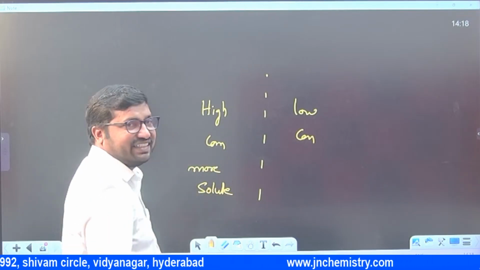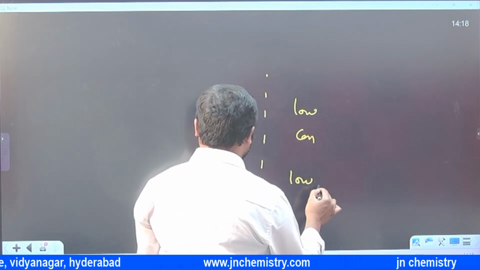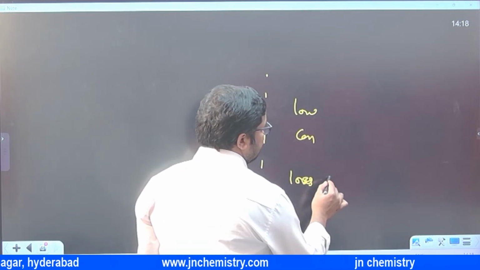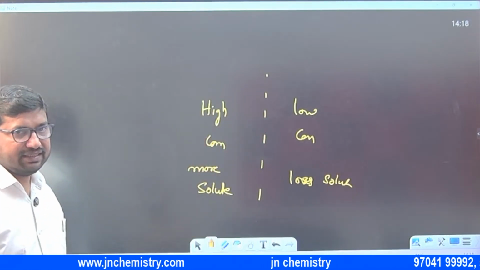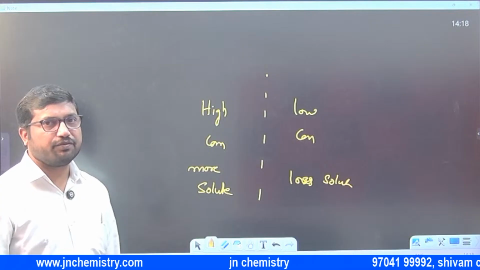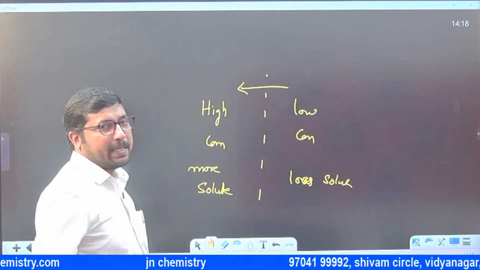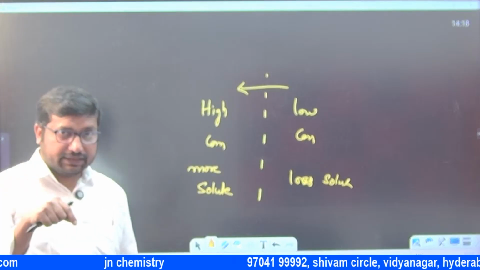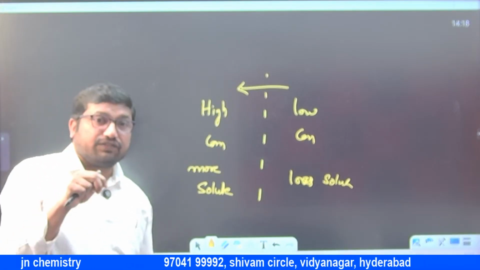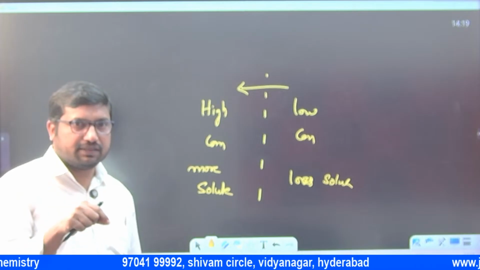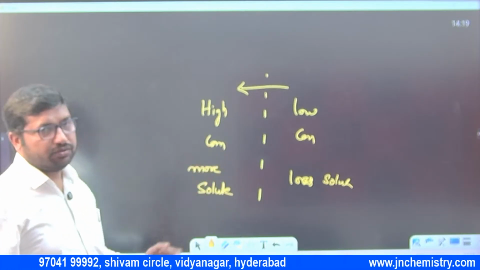Low concentrated means less solute. Less solute means more solvent. So now the solvent moves from which direction? Right to left. I'm not speaking about the concentration of solvent, but the concentration of solution. Concentration depends on solute, not solvent. So don't confuse.